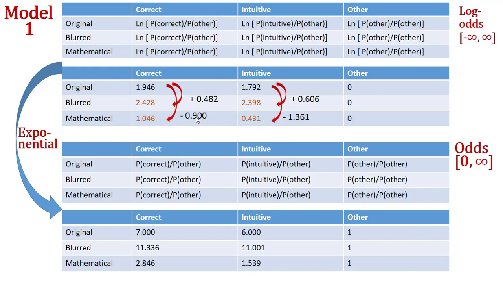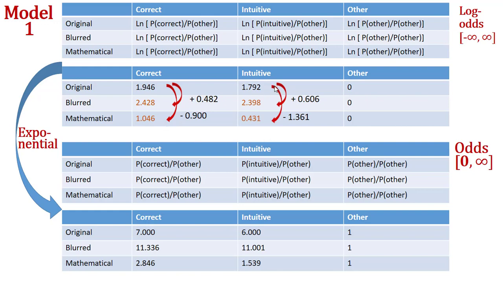And what that means is that the log likelihood of correct over other is lower in mathematical in comparison to original. So if we actually do it, instead of being 1.946, it would be 1.046. Same with intuitive.